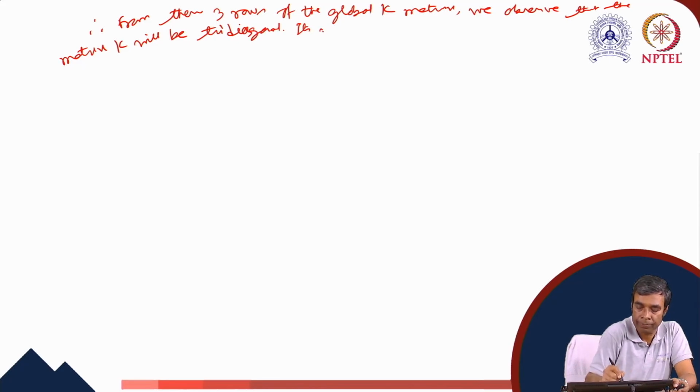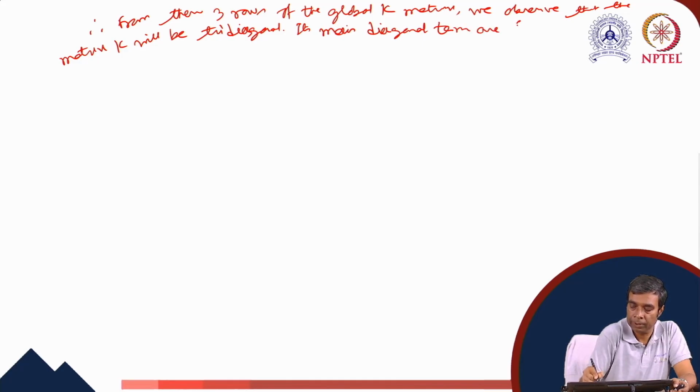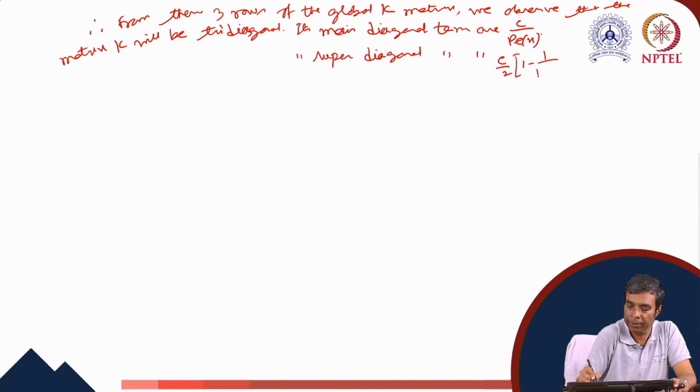Its main diagonal terms are C by PEX. Its super diagonal terms are C by 2 into 1 minus 1 by PEX.